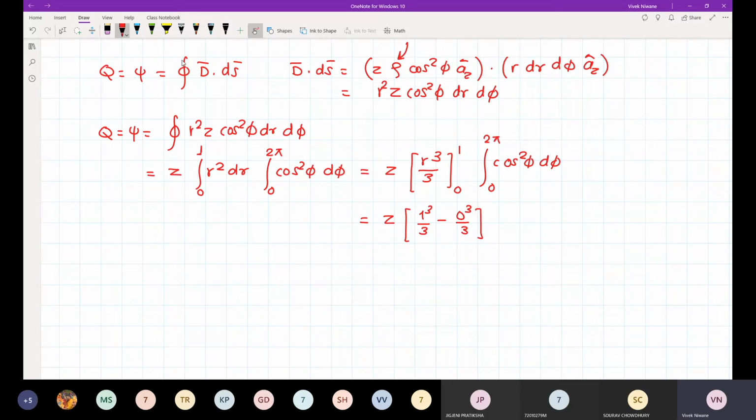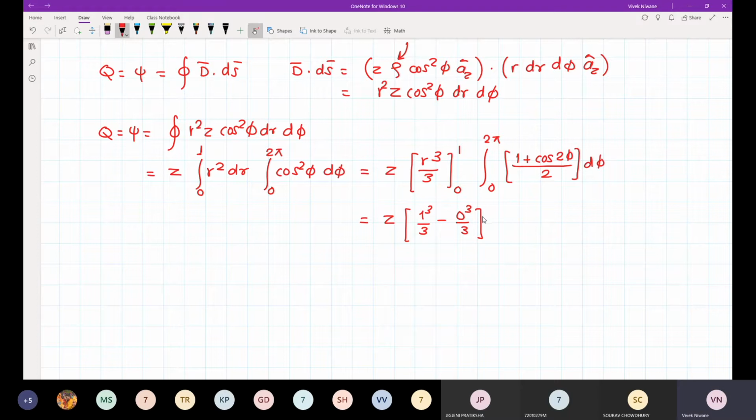Instead of cos square phi, I will rewrite the expression: cos square phi can be written as the trigonometric function (1 plus cos of 2 phi) upon 2, and this is d phi.